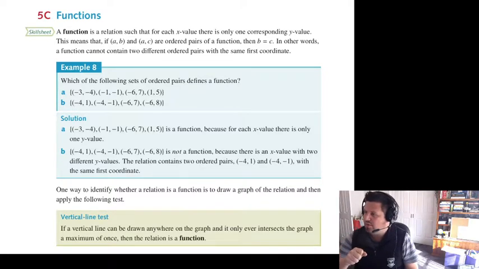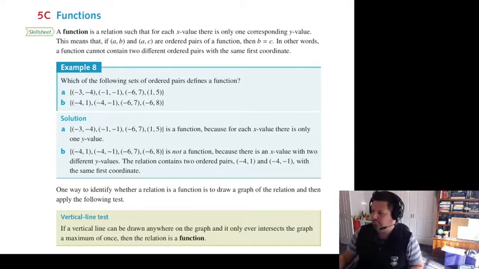A function is a relation such that for each x value there is only one corresponding y value. If you've got the x value, the first coordinate here, a, and these are the same, then they have to have the same corresponding y value.